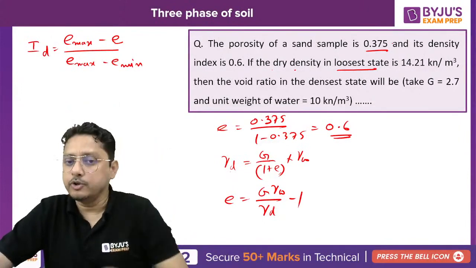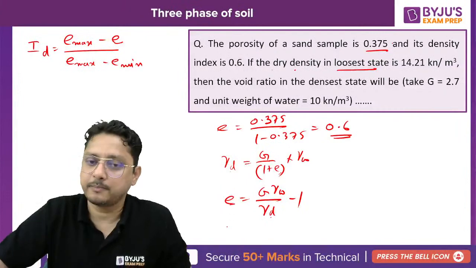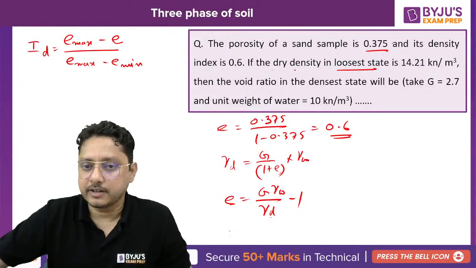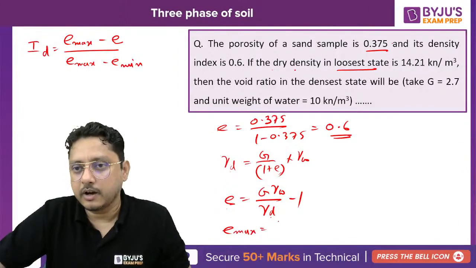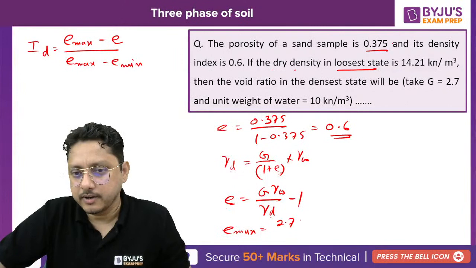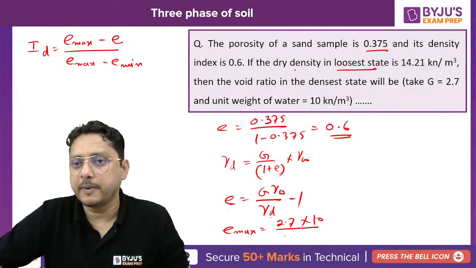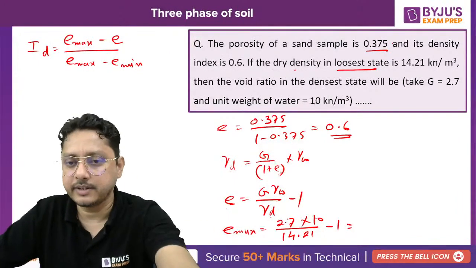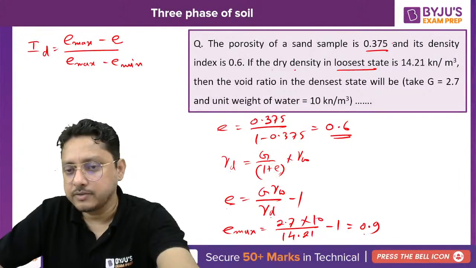Put the value of gamma d in the loosest condition and you will get e maximum. So e maximum will become G, already provided as 2.7, into gamma w, which we take as 10 kilonewton per meter cube, divided by gamma d, 14.21, minus 1. If you calculate, you get 0.9. This is the maximum void ratio.